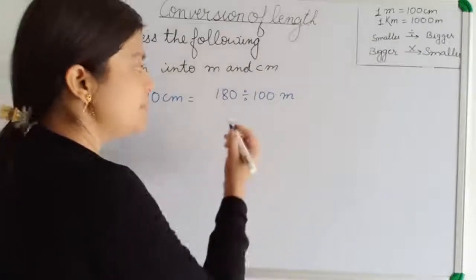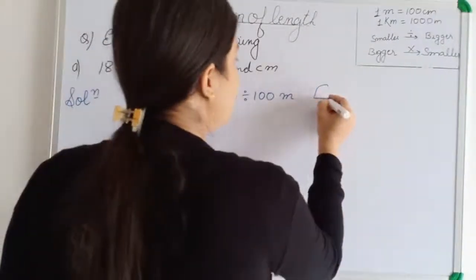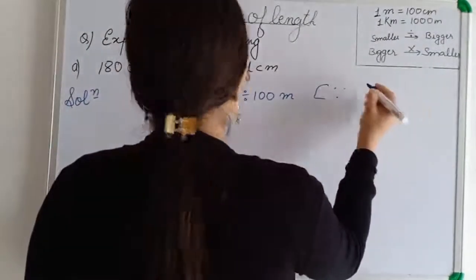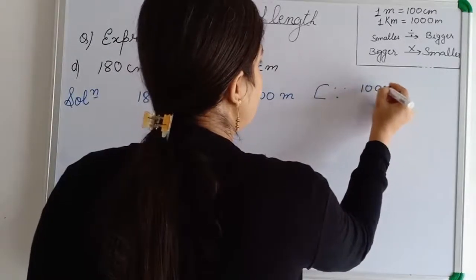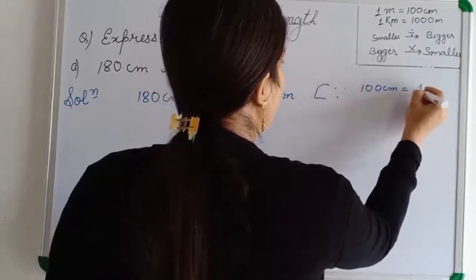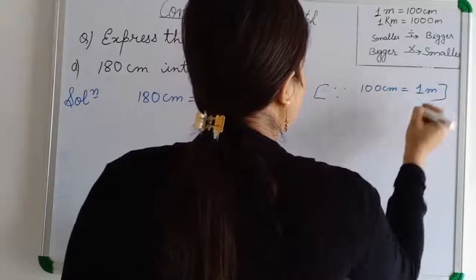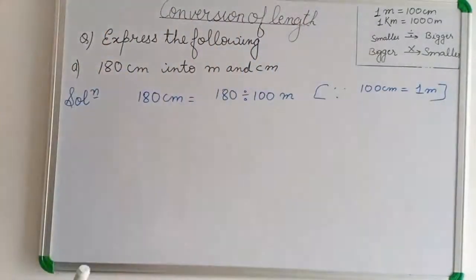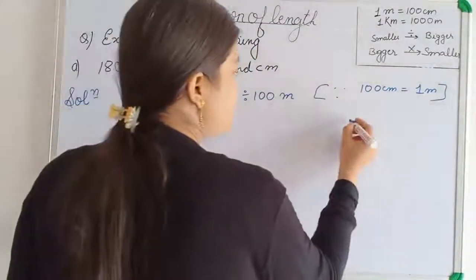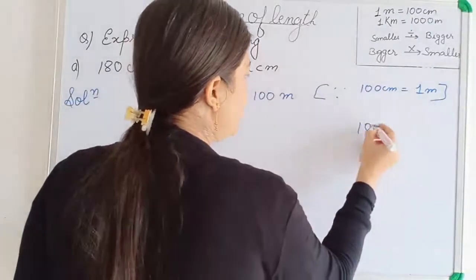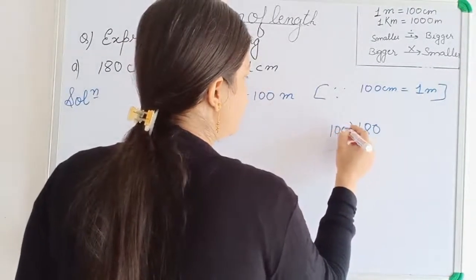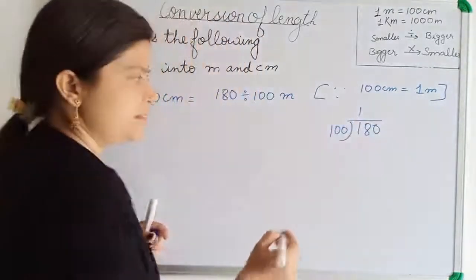I will solve this question in two ways. Why are we dividing? Because 100 centimeter is equal to 1 meter. So when we divide 180 by 100, 100 ones are 100.